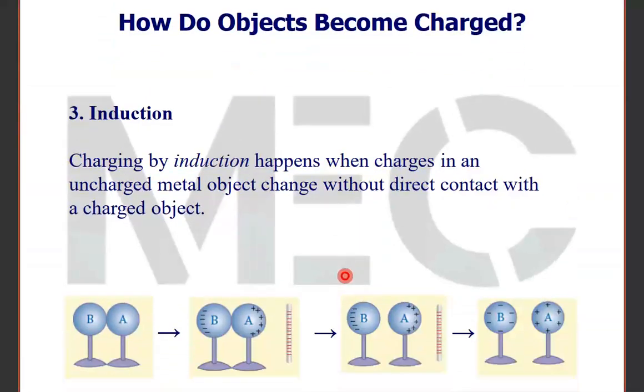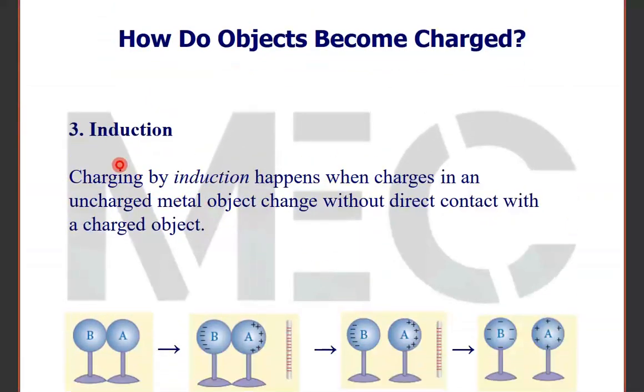Okay. The number 3 method is induction. Induction means without direct contact. Charging by induction happens when charges in an uncharged metal object move without direct contact with a charged object. For example, we have two spheres here. These are metal spheres on insulating bases.